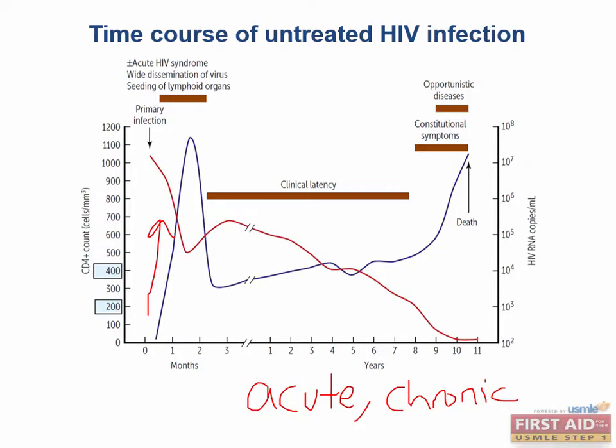We also notice an initial drop in the CD4 count by close to 50 cells per millimeter cubed. During this period, patients will experience a flu-like syndrome, fever, lymphadenopathy, malaise, headache, and myalgia. This is known as acute HIV syndrome.